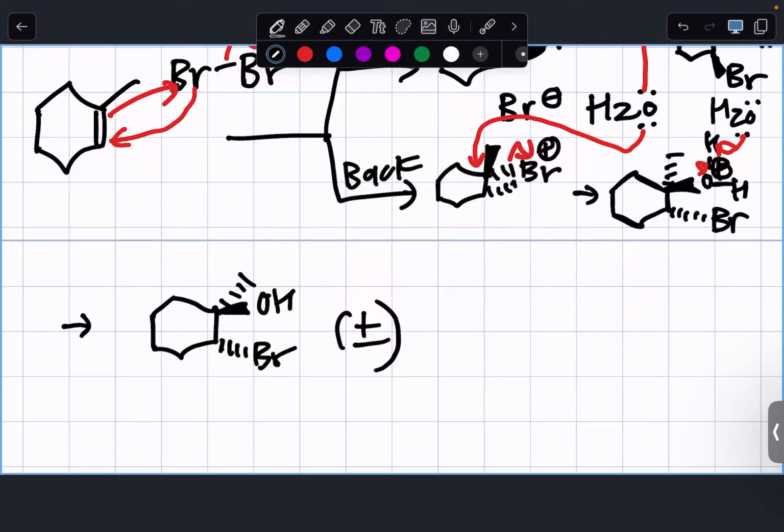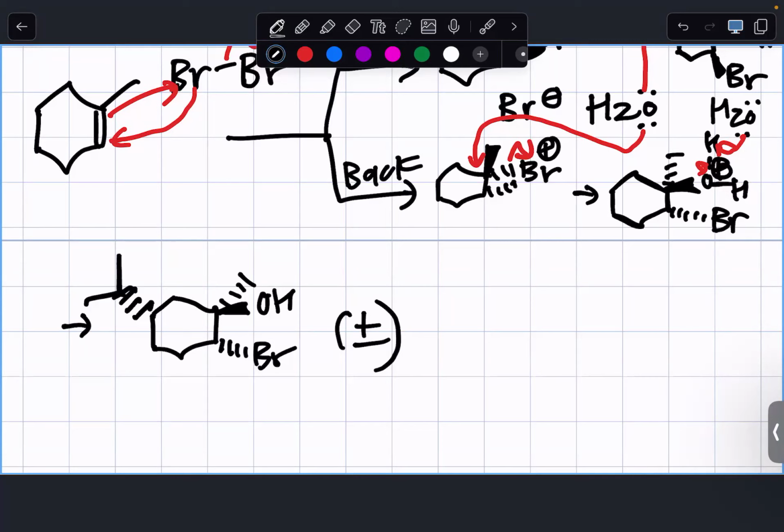Well, when can you not do this symbol? Oh, this right here is going to be racemic. Like one is dextrorotatory, one is levorotatory. Yeah, that's right. Because let's say we had existing stereochemistry like that.